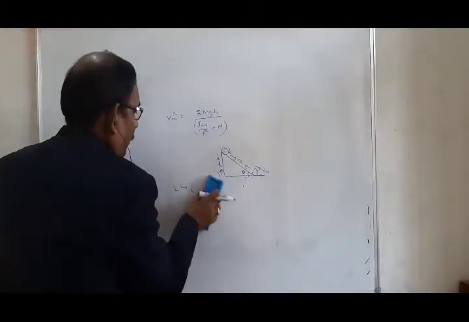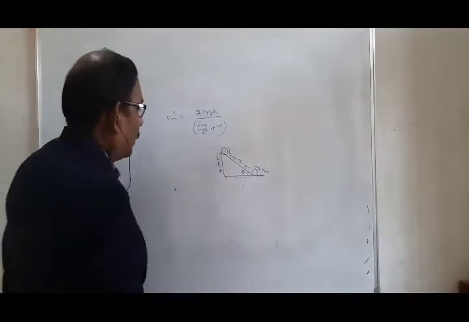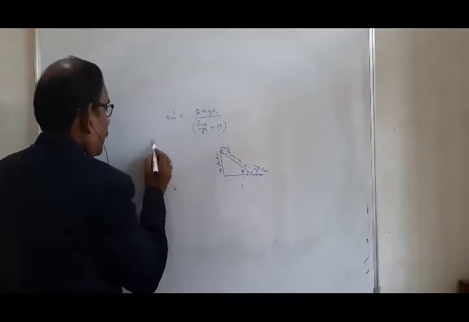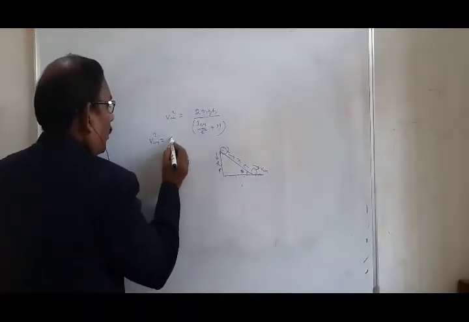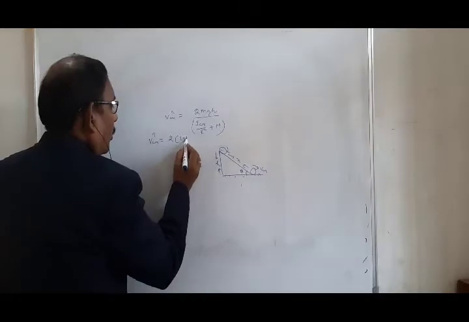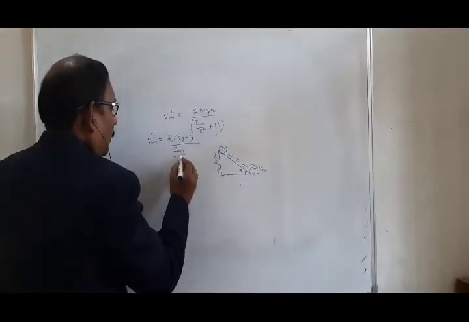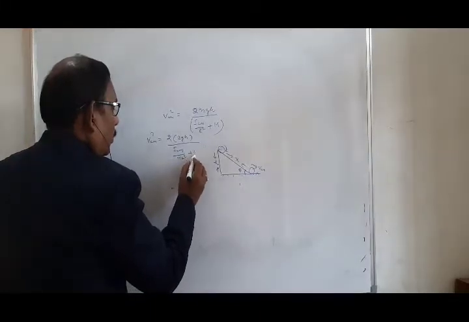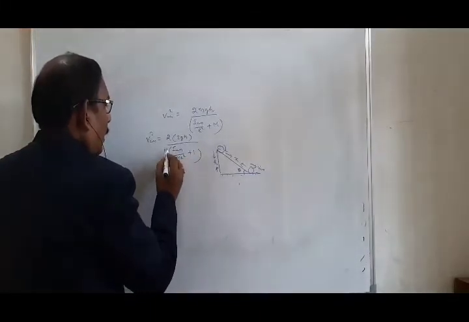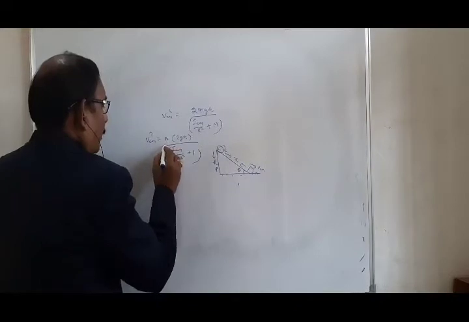By taking m common from numerator and denominator, the equation becomes g h, with I_CM by m r square plus 1.